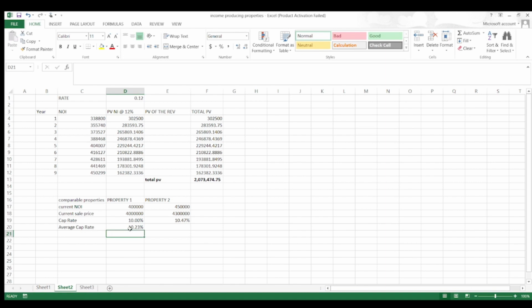So with this information, we're looking at the sale price at the beginning of year 10, which is the next year after we receive the net operating income for the 9th year. So in this case, we need the net operating income for year 10, the 10th year. We take our net operating income multiplied by the growth rate.